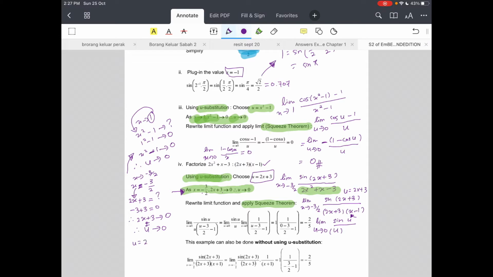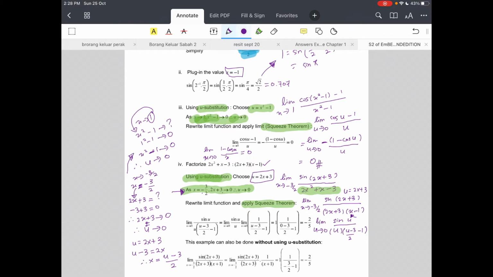We are interested in getting x, so basically u minus 3 equals 2x. Therefore x equals u minus 3 over 2. So x here is u minus 3 over 2, minus 1.